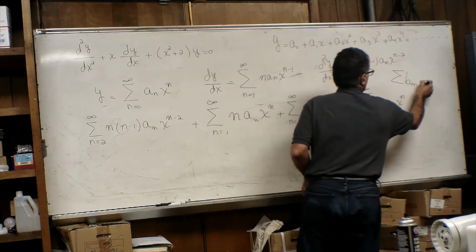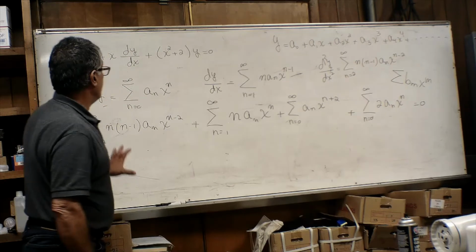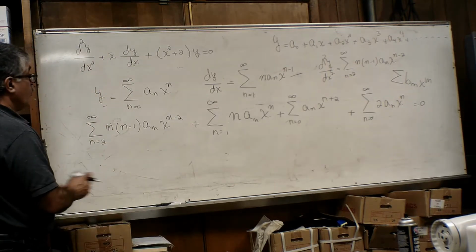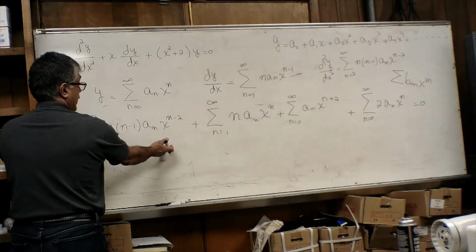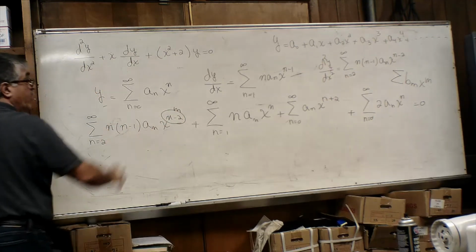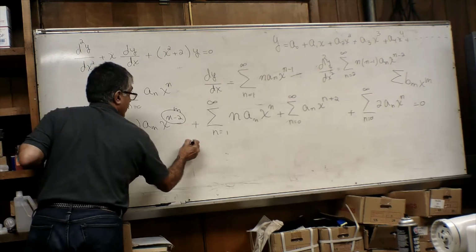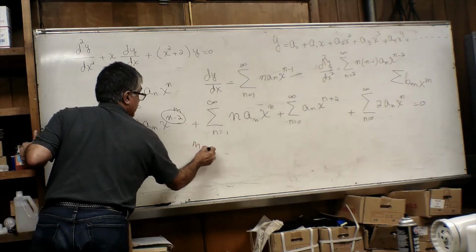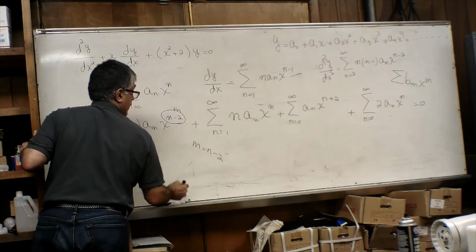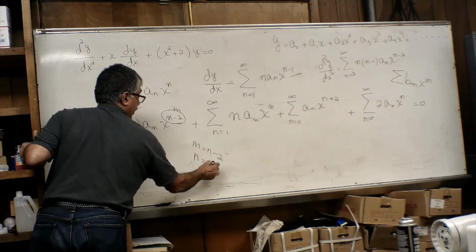b n x to power n. To write this in that form, for the first summation, if we want to have n here rather than n minus 2, let m be n minus 2. Therefore, the value of our n will be m plus 2.